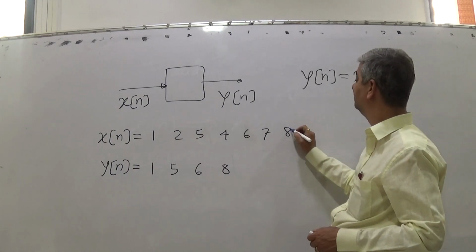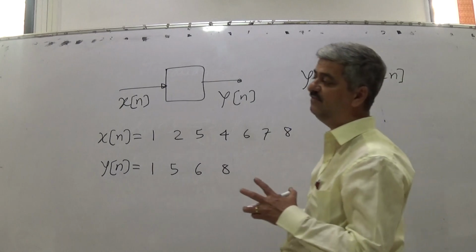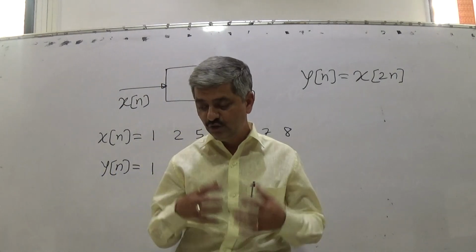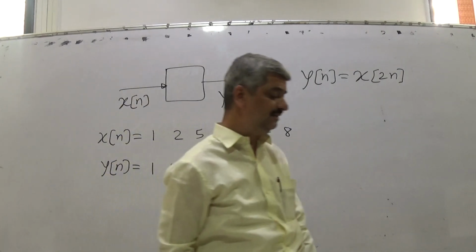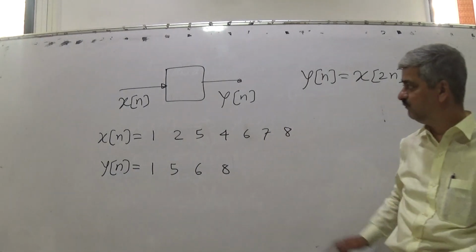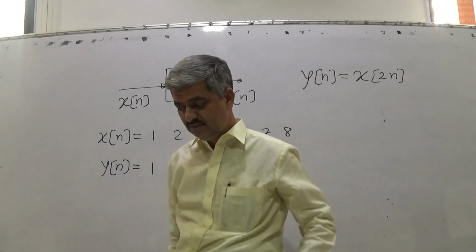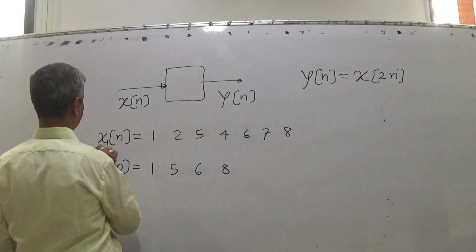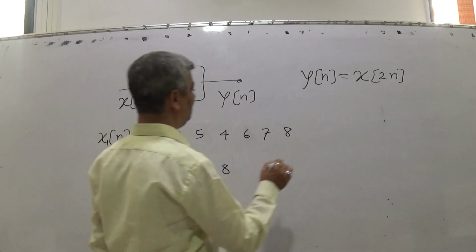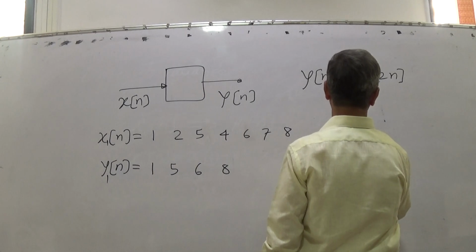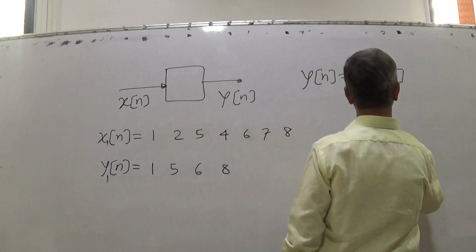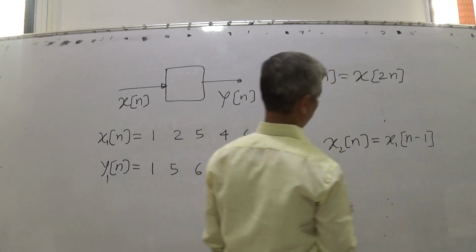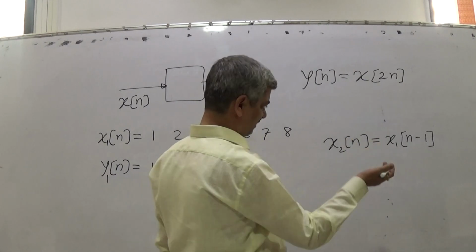We need to check whether this system is time invariant or not. In that situation, we need to perform a check. Let this be x1[n], then this be y1[n]. Now generate another sequence x2[n] by shifting, let it be x1[n minus 1], or n plus, either you can consider.